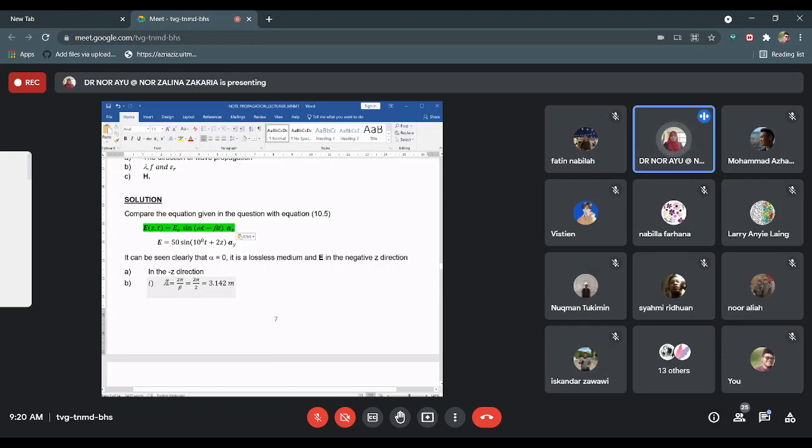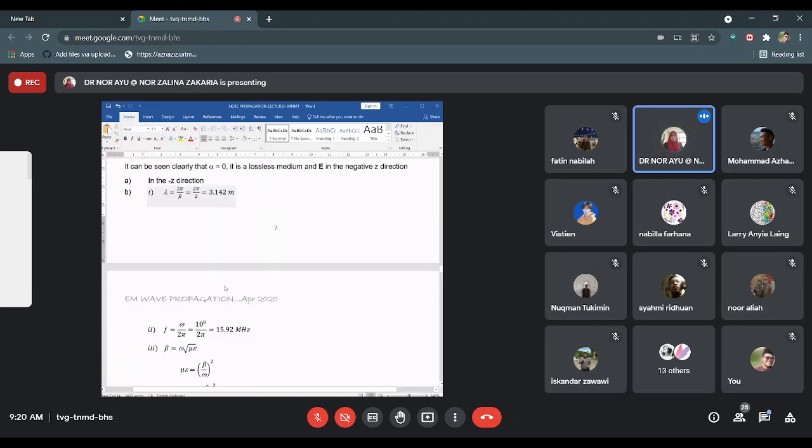You can find what is the equation for your frequency and also your epsilon R. So this is the lambda. So lambda is just 2 pi over beta. So you can see from your equation, your beta is 2. Beta dia adalah 2, bukan negatif 2, 2 saja ya. Yang negatif tu is referring to the direction z. So 2 saja. So you just take 2 and then you will get the value of your lambda.